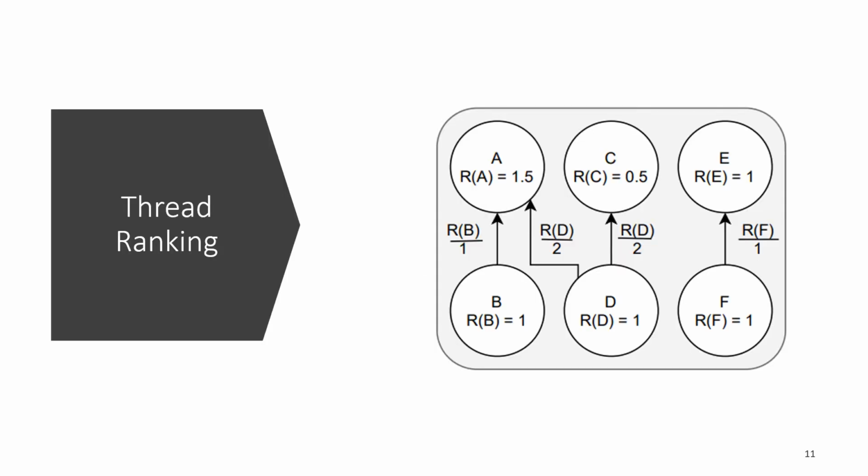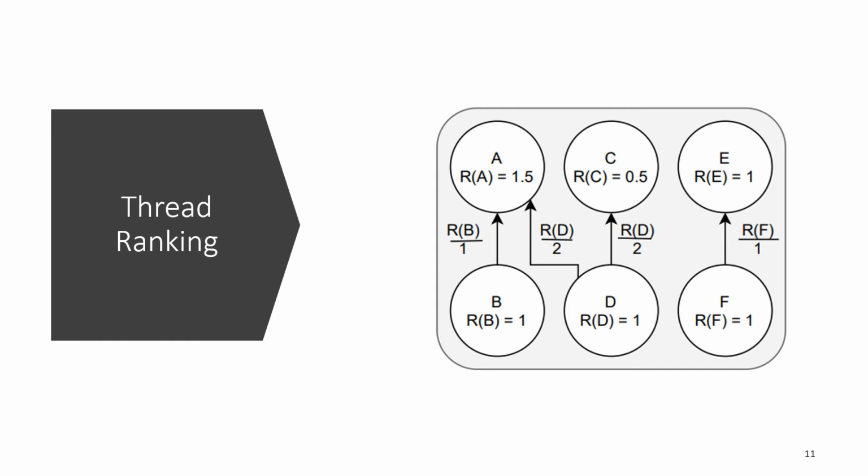To compute the relevancy of each thread, we start off by generating a directed graph where each of the nodes represents an individual thread. The directed edges between these nodes then represent the inter-thread interactions that we get looking at trace data. A simplified example of one of these graphs is shown on the screen, where the white circles represent a node, or in other words, represent an individual thread.